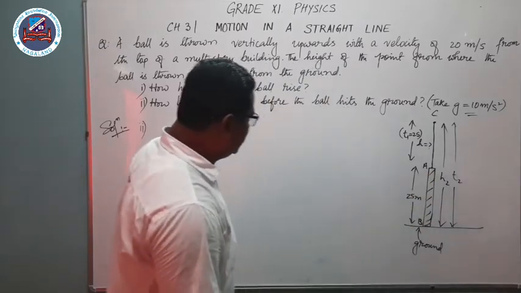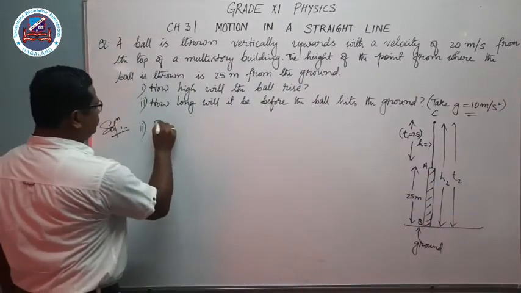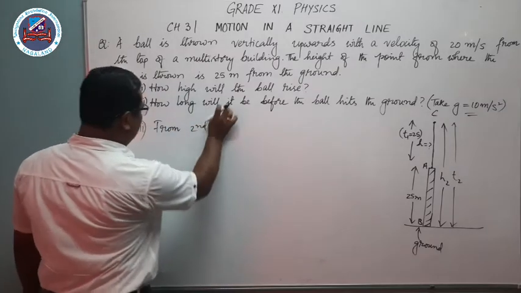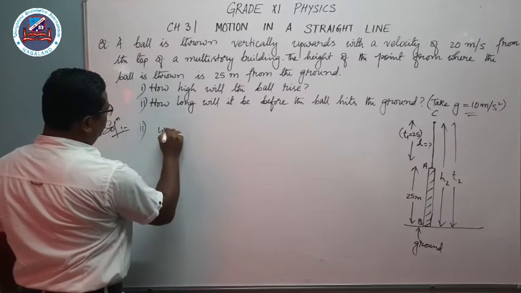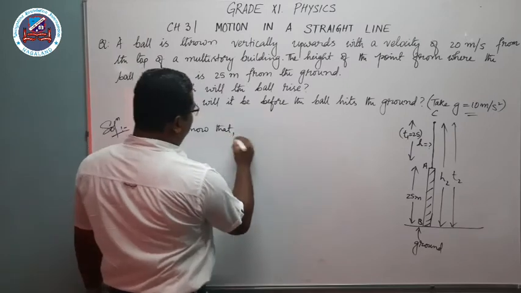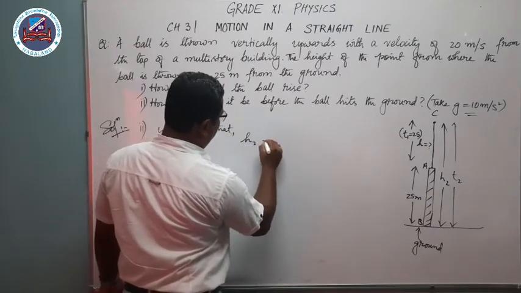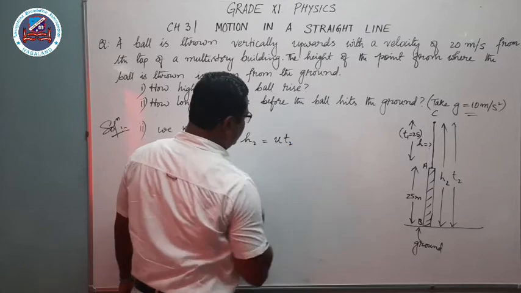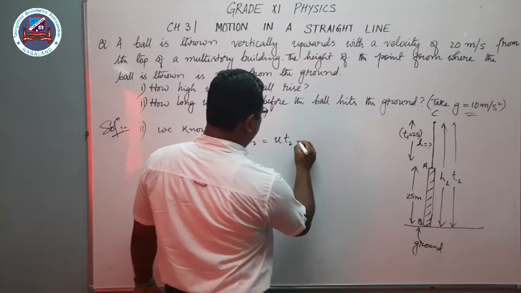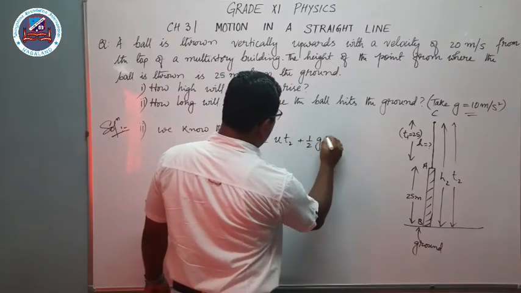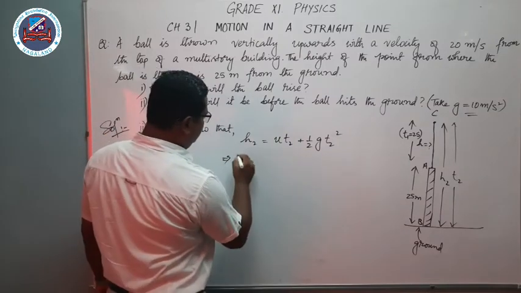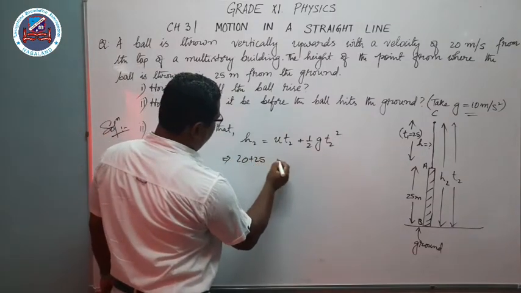So for the displacement relation, if you use the second equation of motion, we know that displacement H2 is equal to UT2, where T2 is the time taken to come from C to B, plus half of GT2 square. So we'll put the values. H2 will be 20 plus 25 meters.